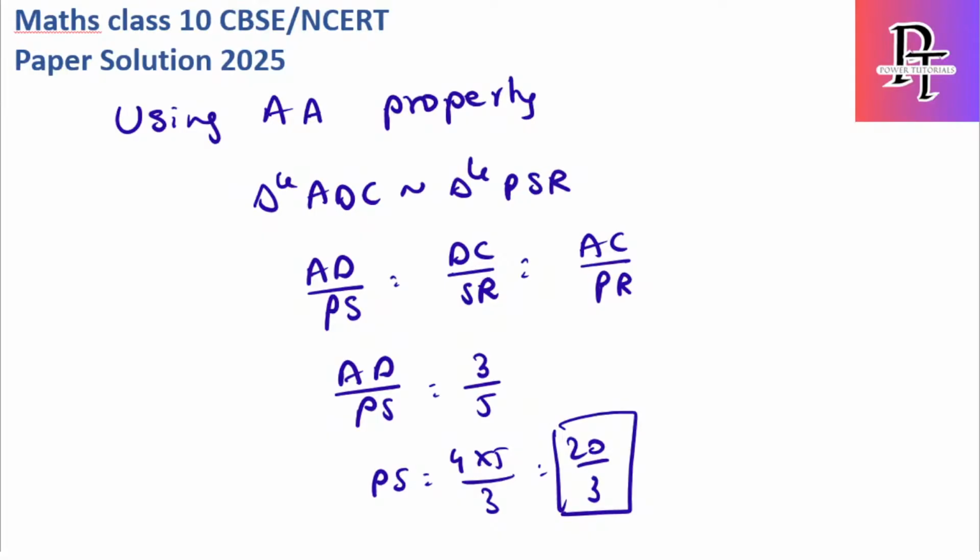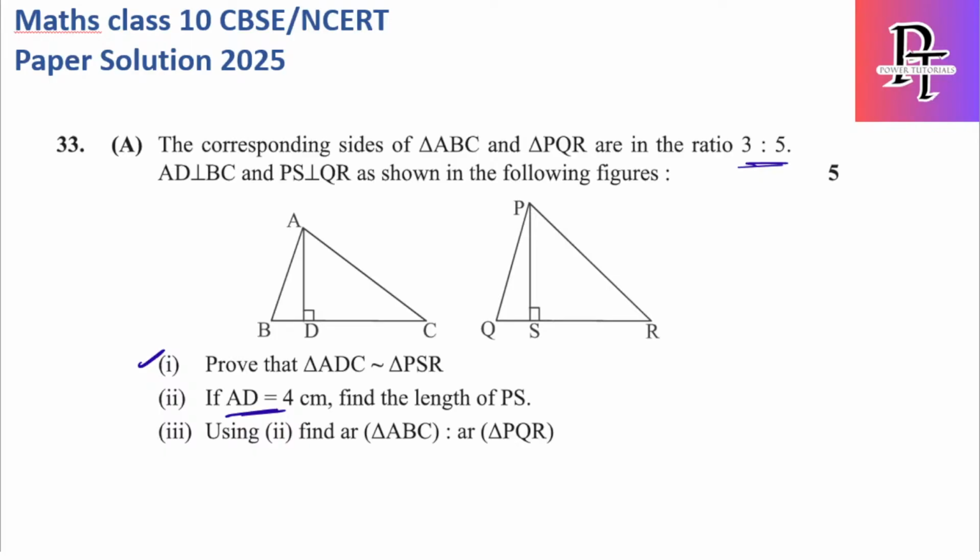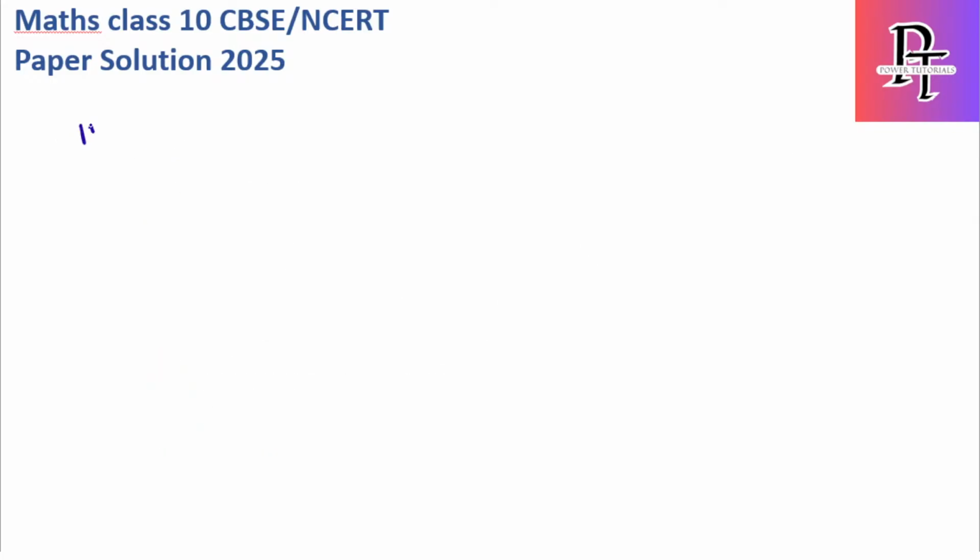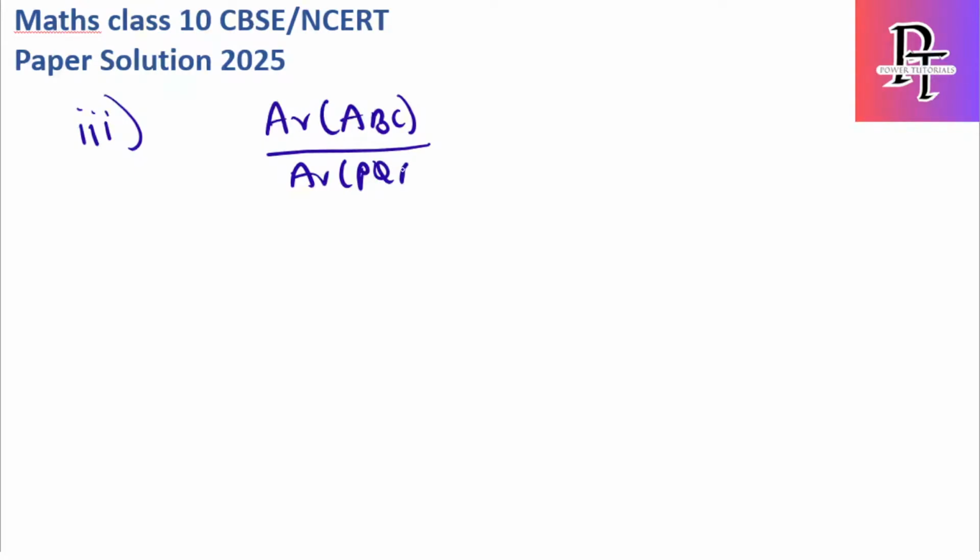Okay, so this is B. C, using 2 find the ratio of the area of triangle ABC to triangle PQR. Area of triangle ABC by area of triangle PQR.